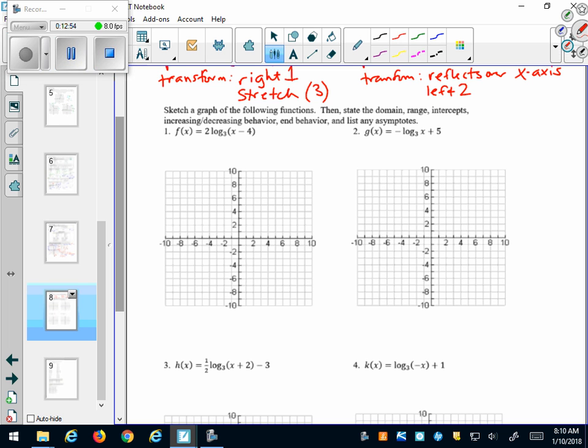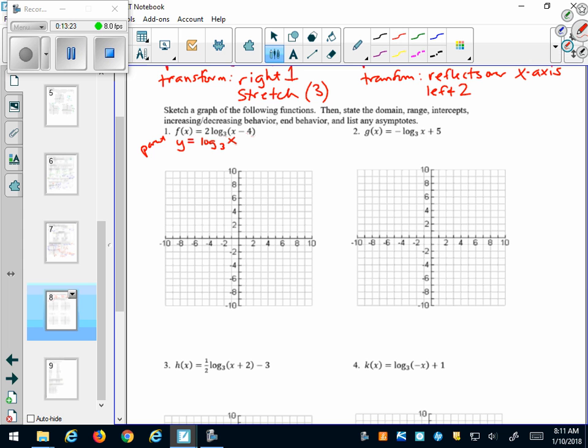Okay, so then we have to put this into actual action here. f of x equals 2 log base 3 of (x minus 4). In order to graph this, first we have to think about the parent function. What is the parent function? Log base 3 of x is the parent function. The base is important.